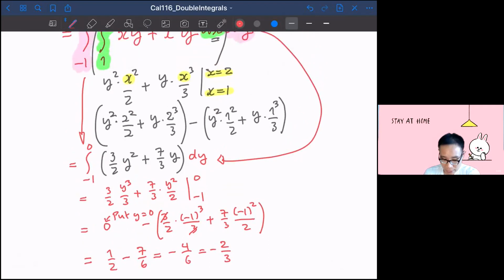It can be negative. Okay, so this can be negative because it's just the value of the double integral, which can take both signs, negative or positive. If you interpret the meaning, it means that your surface turned out to be below the xy plane.